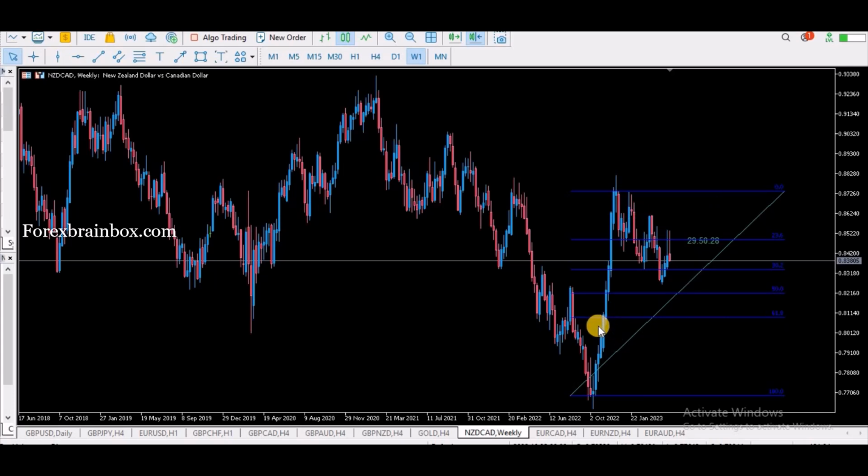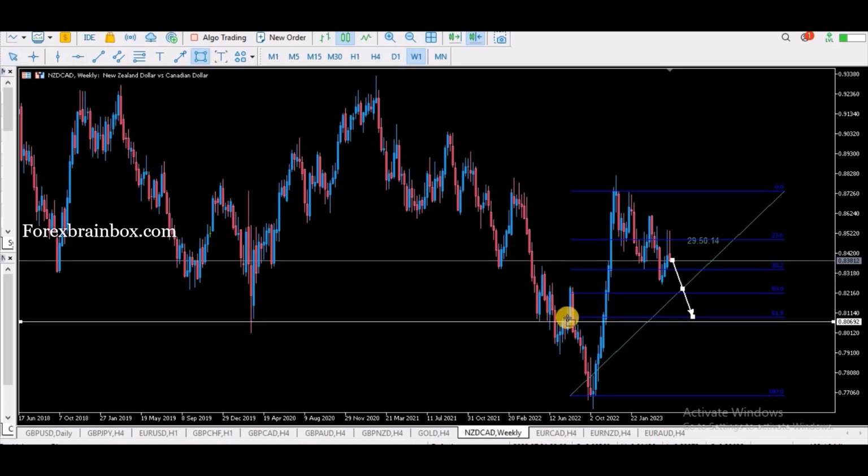As you can see, our NZD card is going to take a while before our market will hit our Fibonacci 61.8 level. Also, it's going to align with this zone right here, which is the order block. So this is going to take a while anyway. So let's see if we can find another example.